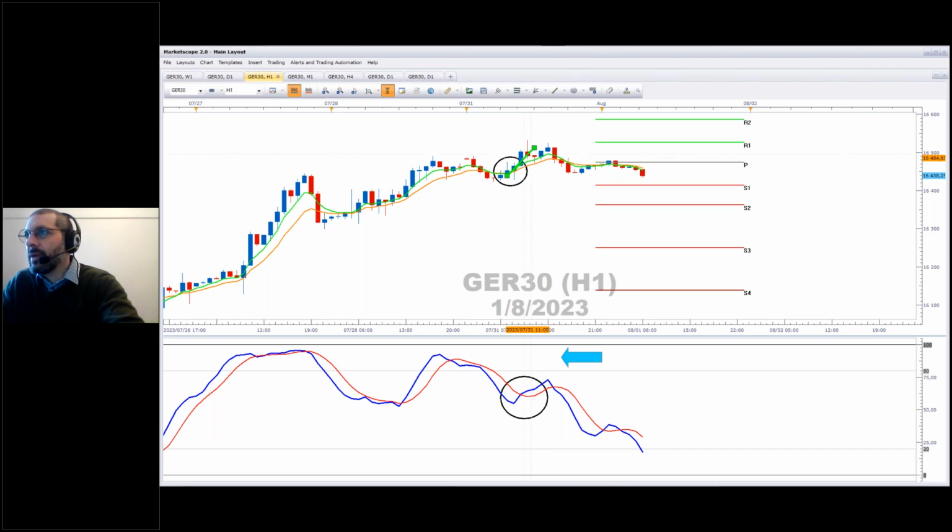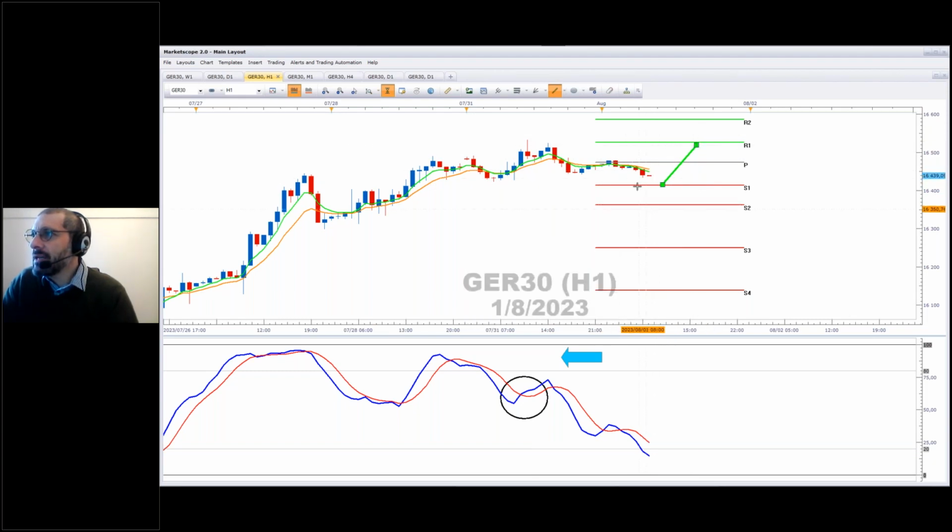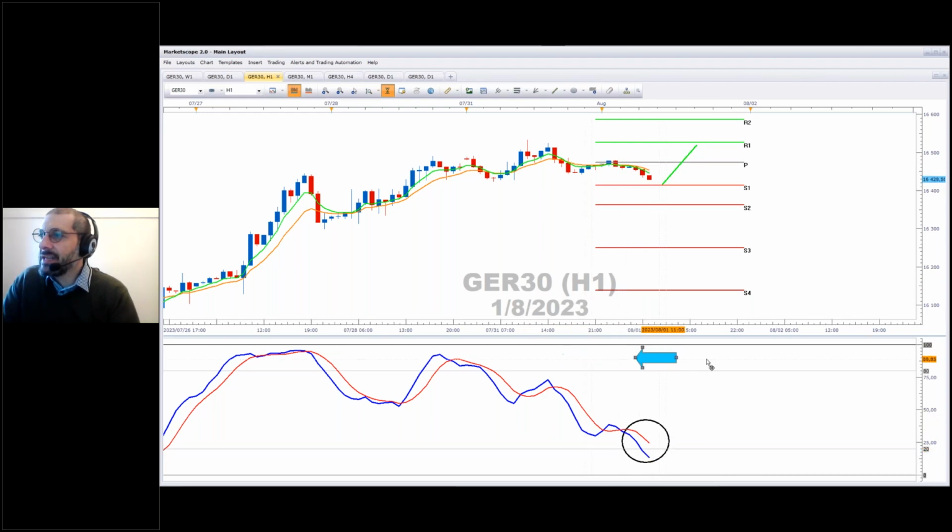So I think what we can do is just keep an eye on the S1 level and see if the S1 level shows some signs of demand. And we would measure that by a cross in the exponential moving average. The exponential moving average needs to cross up. The stochastic needs to cross up, and then it needs to move through to the upper quintile. Just watch out.